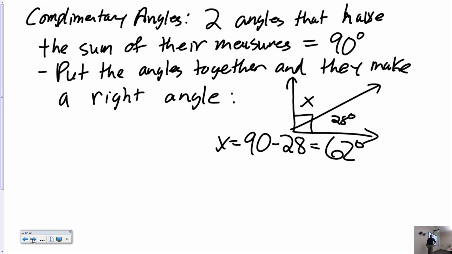Use that complementary concept to figure out what another angle is. I can put other kinds of things in here, like 2x minus 1, and this could be x plus 12, and you would have to use that to solve for the angles. It's a common thing to do where I force you to do a little bit of geometry and a little bit of algebra, which is always good. So, complementary angles make a 90-degree angle.